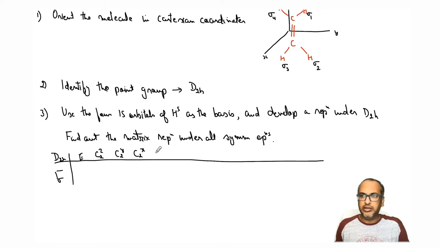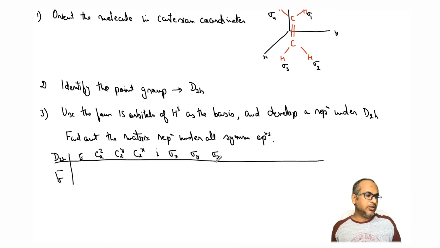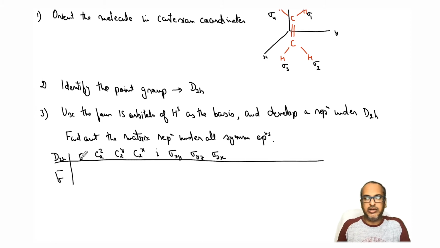I think there will be i, yes. Then you have sigma x, sigma y, sigma z. Anything else I'm missing? No, I think that will be all. Or rather, this will be sigma xy, yz, zx. Now, using sigma 1, sigma 2, sigma 3, sigma 4 as the basis, we need the matrix representation under all of these symmetry operations.